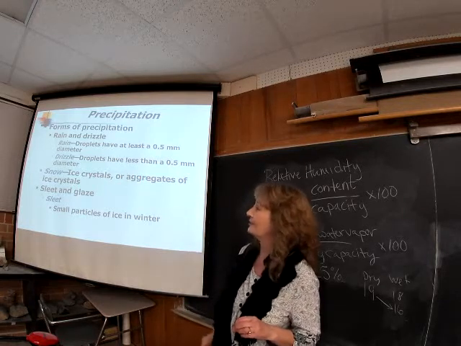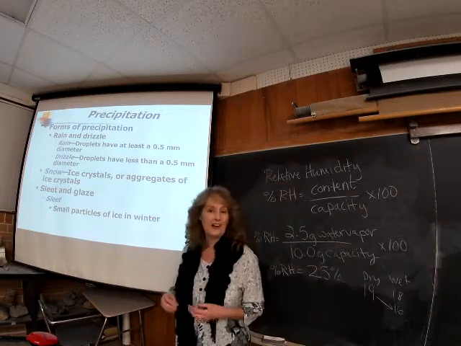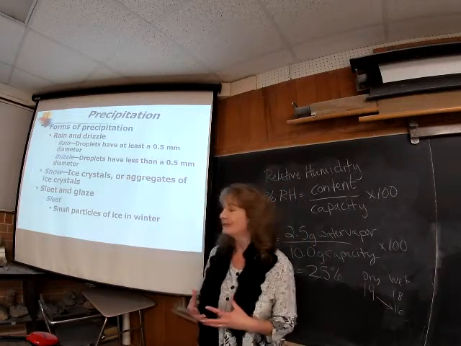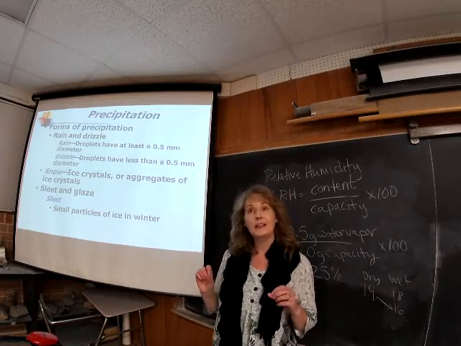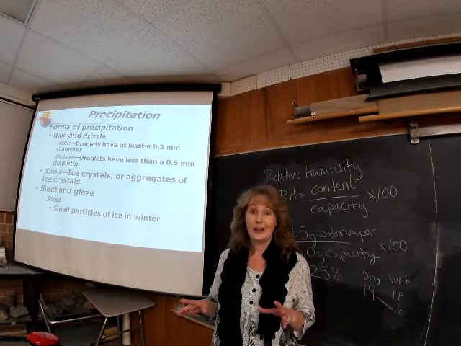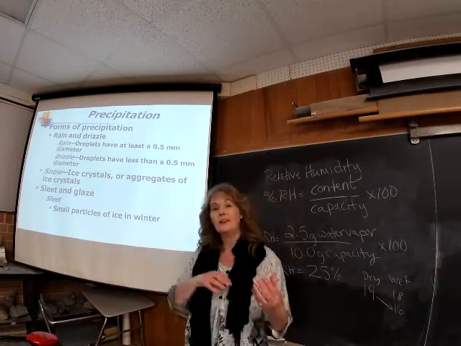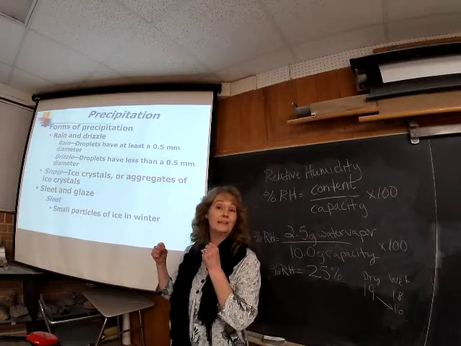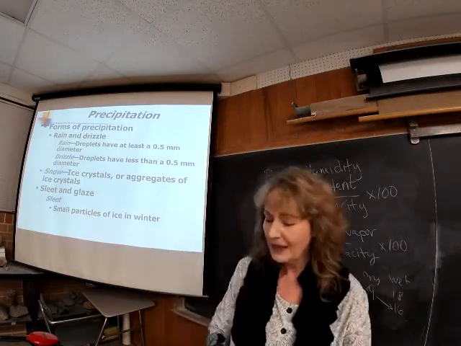But rain versus drizzle. Snow, these are ice crystals or aggregates of the ice crystals, so our beautiful snowflakes. Now sleet and glaze. Glaze is also known as freezing rain. So there is a little difference of scenario of if you're going to get sleet or if you're going to get freezing rain or this glaze that they're talking about.